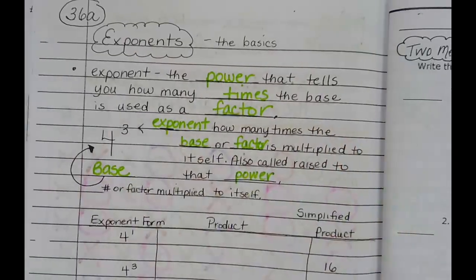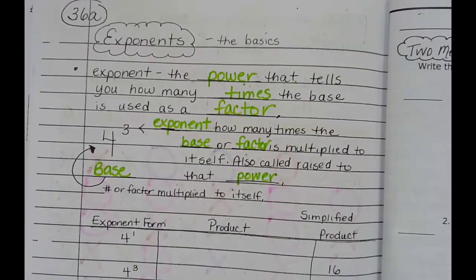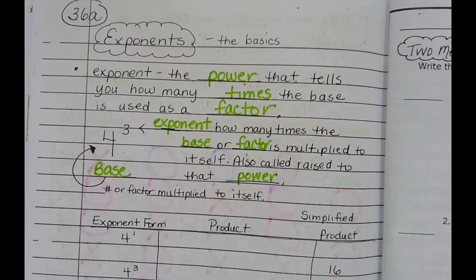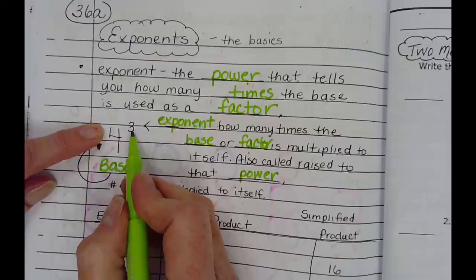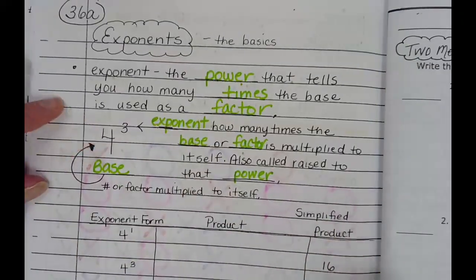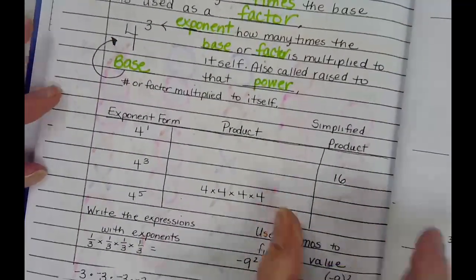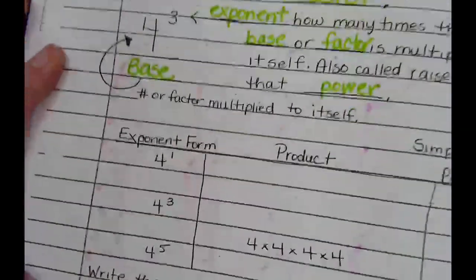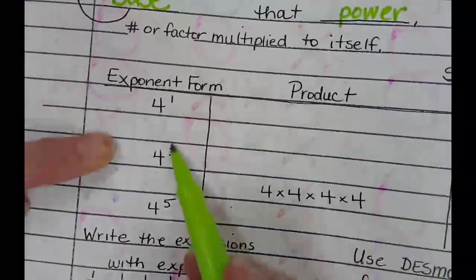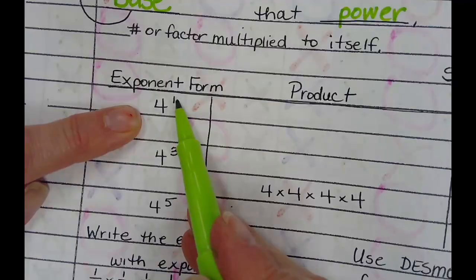So exponent and power are used in the same kind of meaning. Base is the big number, but this can be called the exponent or the power. This is called exponent form. So you're putting an exponent on the base number.